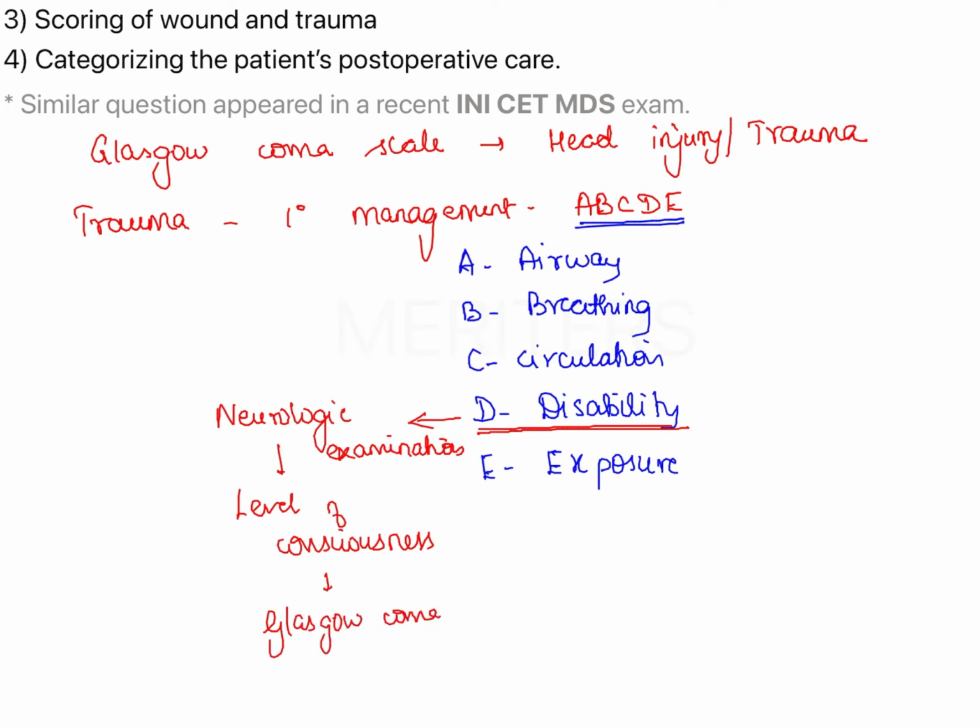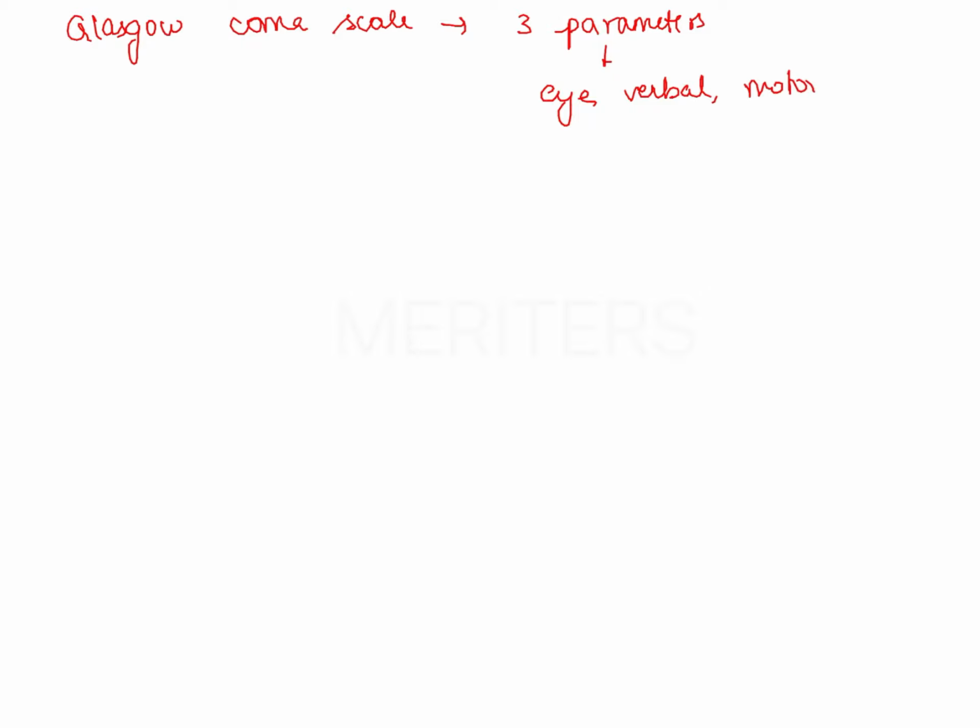Therefore, the level of consciousness of the patient can be assessed by means of Glasgow Coma Scale, and this scale gives a specific score to the patient. It includes 3 important parameters: the eye response, verbal response and motor response of the patient are assessed, and then a score is given. Now let's discuss one by one.